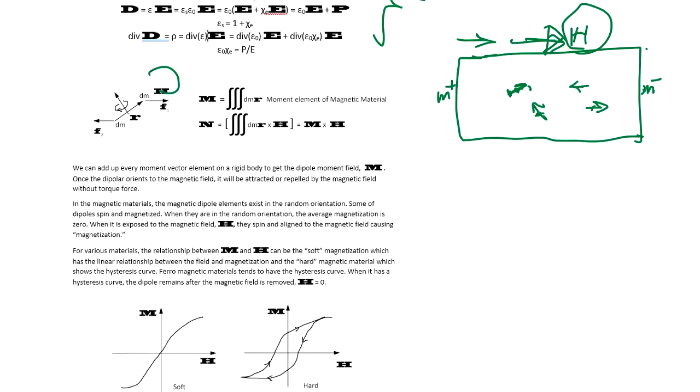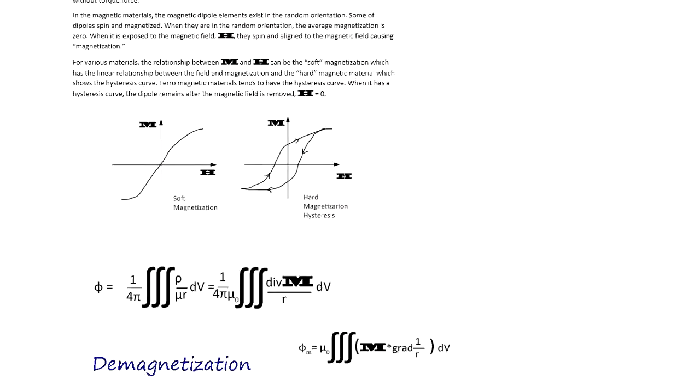Like ferromagnetism, a very big amount of polarization happens. Now when you remove H, this happens in the soft magnetic material. When H is removed, polarization comes back. So there's no magnetization anymore after H is removed.